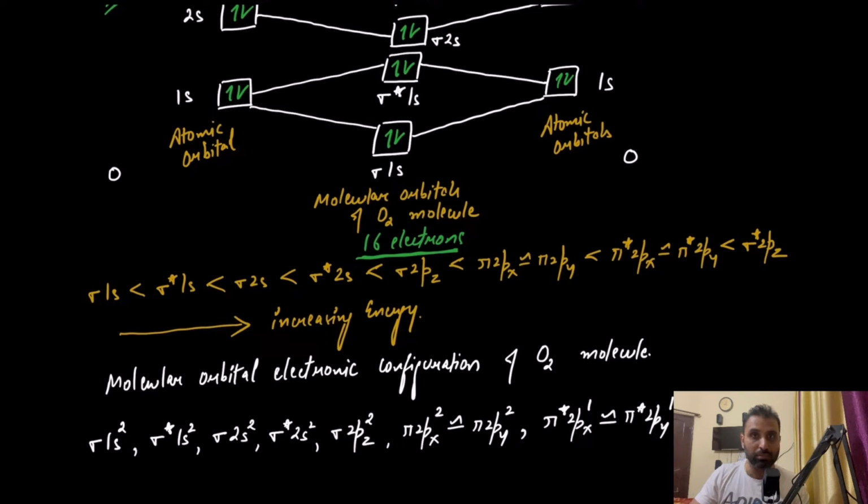So this is the molecular orbital configuration of O2 molecule.